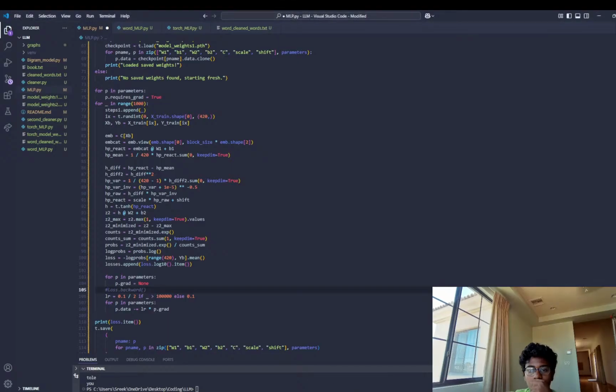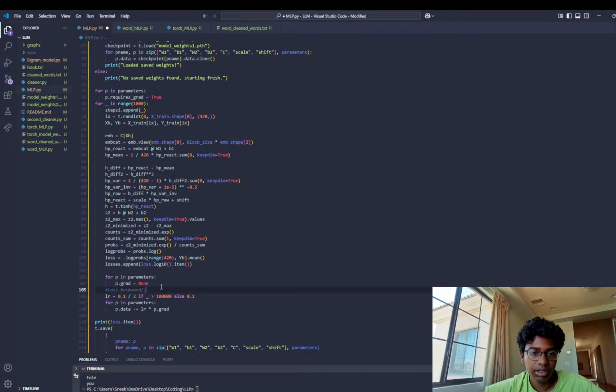I think the best way is to create something known as intermediates.